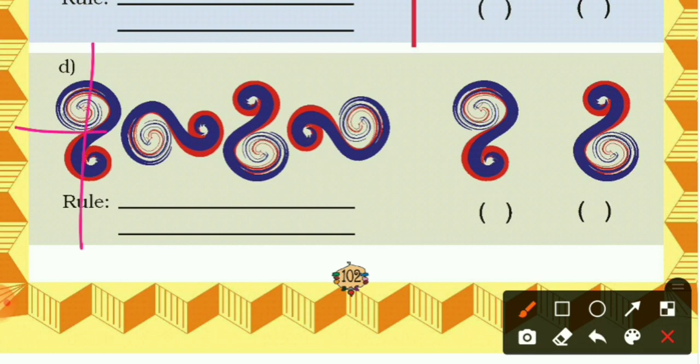First let me divide this picture. I have divided it. Now just focus on its face, which is on the downside. In the second picture it is facing the left side. So how many turns did it take? It took only a 1/4 turn and it is anti-clockwise, remember it.